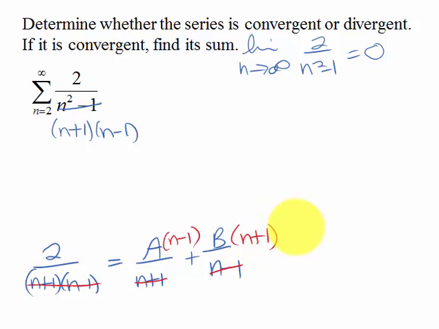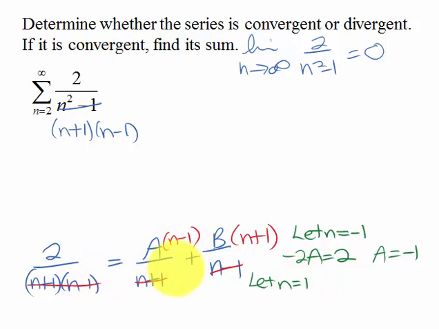Now let's conveniently let n equal negative 1, and that would zero this out. That would make negative 2A equals 2, so A is going to be negative 1. Then we will let n equal 1. That will zero out the A term, and we will have 2B equals 2, so B equals 1.